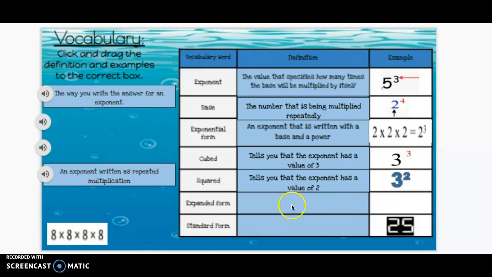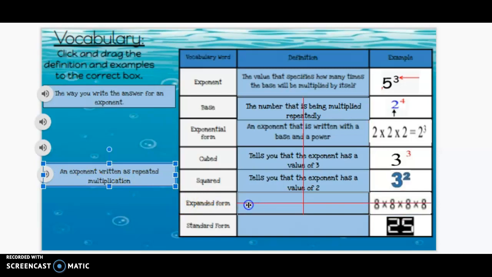Now I said expanded form is just simply taking out your base and multiplying it by itself repeatedly. So for expanded form, the example is taking 8 times 8 times 8 times 8. You're making the exponent larger, you're making it bigger, and that would be repeatedly multiplying it.